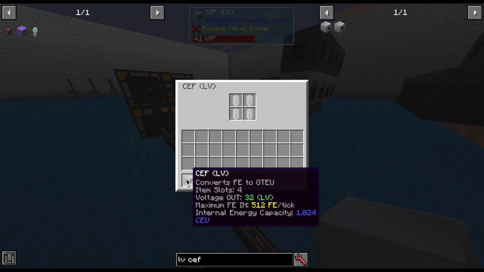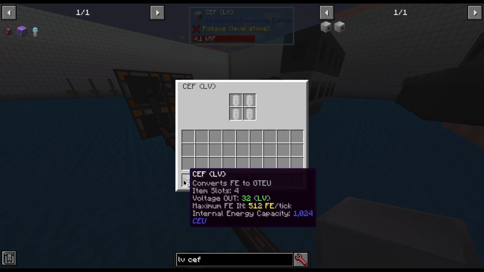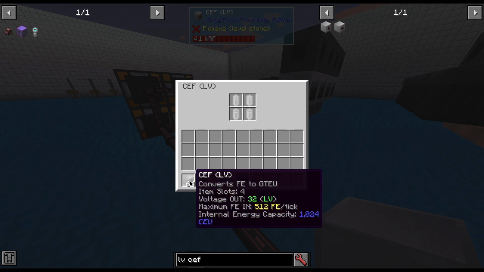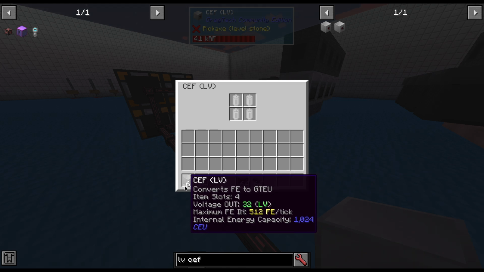In practice, item slots are basically how much amperage we can provide by using CEF. So if you have 4 item slots, this CEF is generating 4 amps of power.